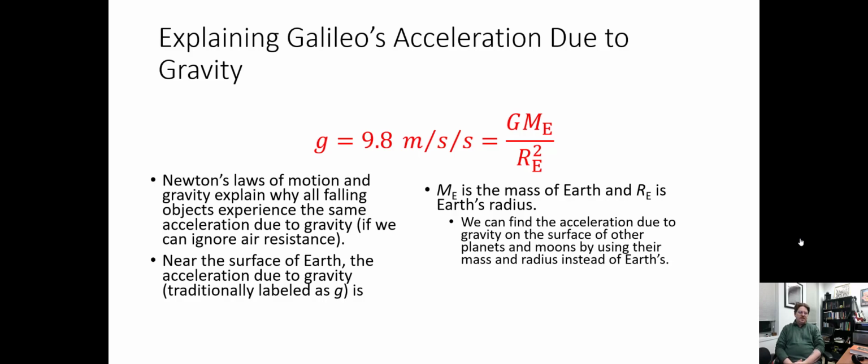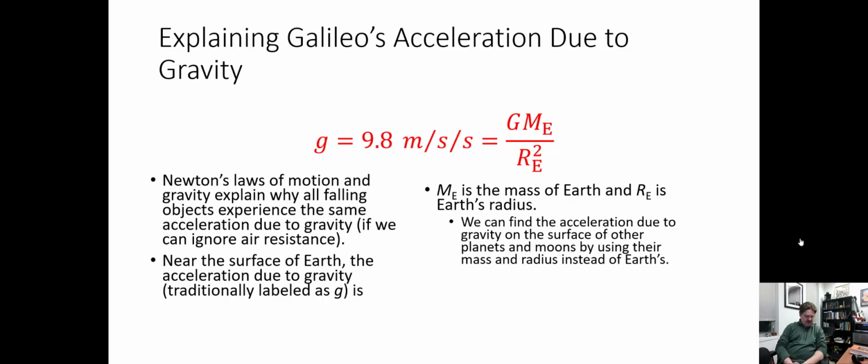Galileo looked at the motions of objects and then deduced from that motion that the acceleration on those objects was the same regardless of the mass of the object. And so Newton came around and said, all right, but Galileo made no claims as to where that acceleration actually derived from.